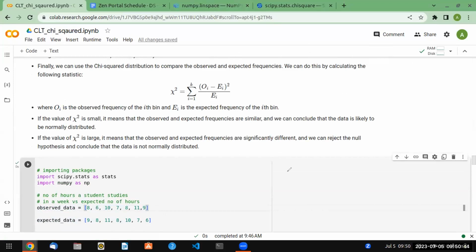Good question actually. So here in the observed data, we have 6, 7, 8, 9, 10, like this, right? That doesn't mean we are only considering 6 and 7.